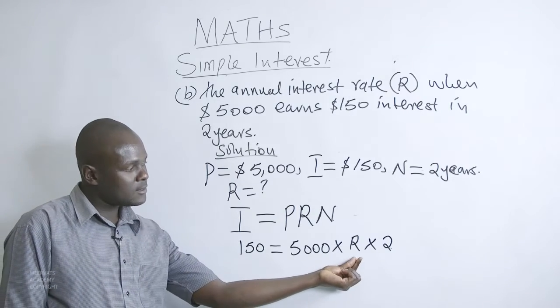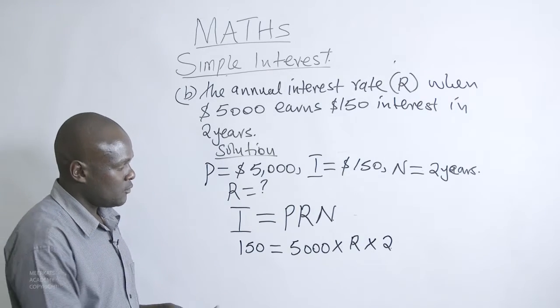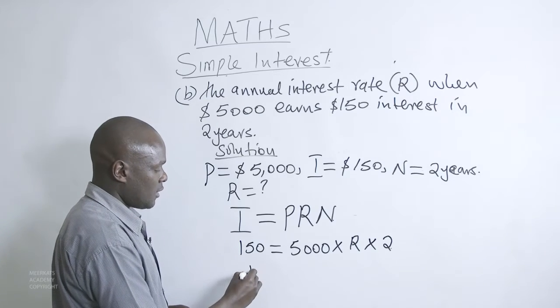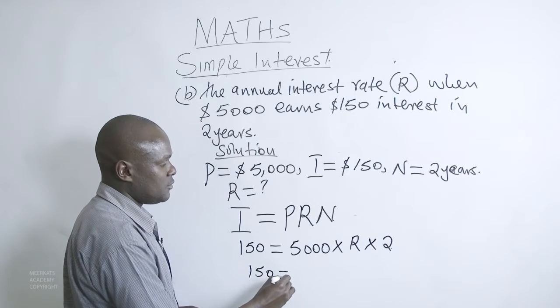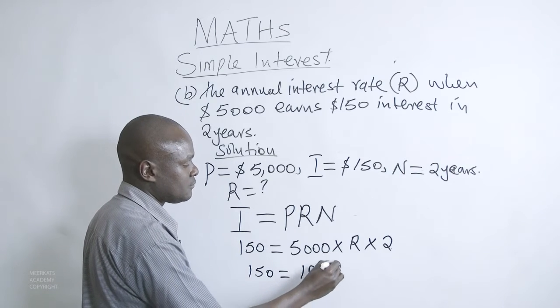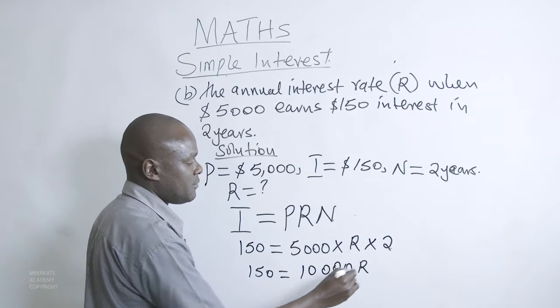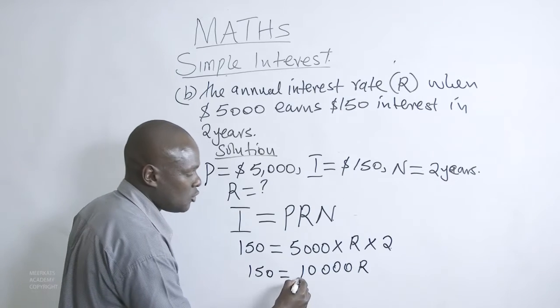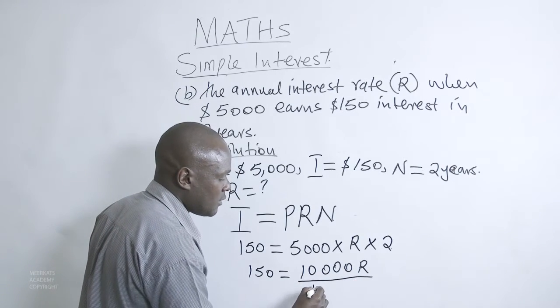So we want to calculate this rate. You discover that for us to achieve that, $150 will be equal to 5,000 times 2, which gives us 10,000, multiplied by the rate. For us to get this rate, we divide all through by 10,000.